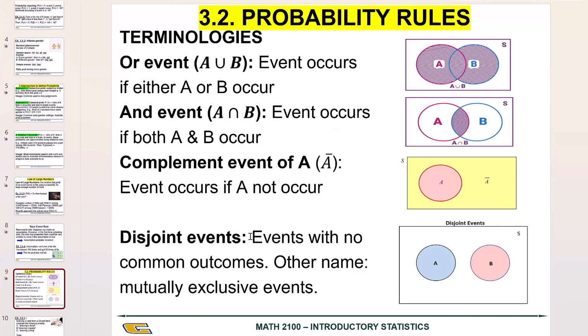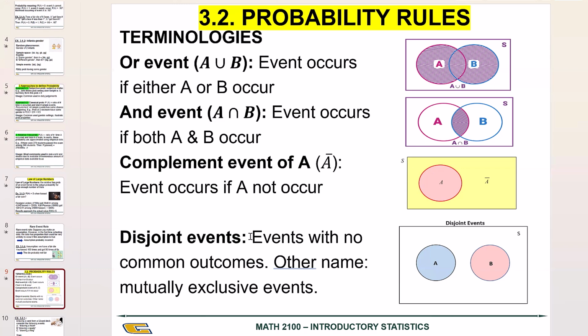So now let us look at probability rules, which will help us to calculate probability. First, we have the OR event, which is the event that occurs if either A or B occurs. We denote it by A union B, sometimes we call it A cup B, the OR event.